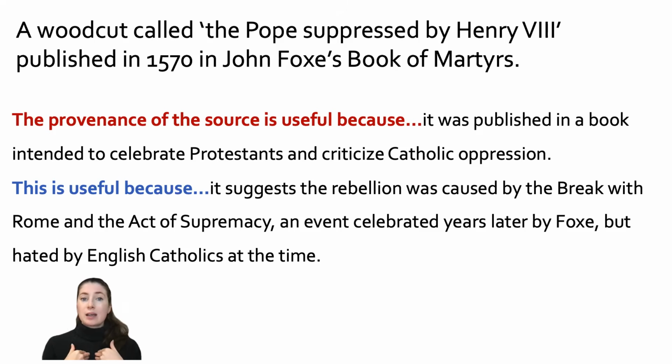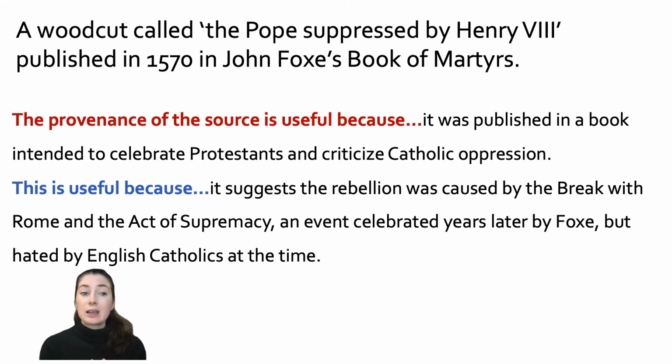So I'm saying it's useful to us because it suggests the rebellion was caused by the break with Rome and the Act of Supremacy, an event celebrated years later by Foxe, but hated by English Catholics at the time. Somebody who's writing relatively close to this event, this happens in 1536, the book's written around 30 years later, 25 years later, 24 if we're being very precise.